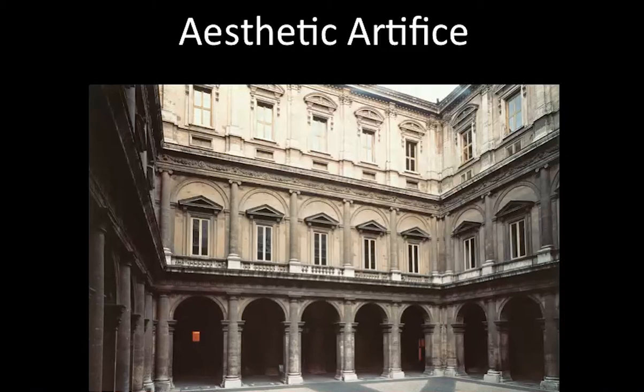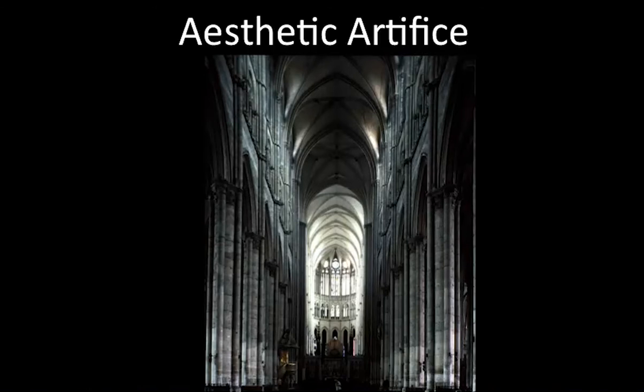The other thing that aesthetic artifice does, though, is it doesn't just employ these sort of physical techniques to communicate our strength and position, but architects have been employing these techniques for centuries to point out the height and the glory and the grandeur of God. Gothic chapel architecture was designed to draw the eye skyward in reverence of God.